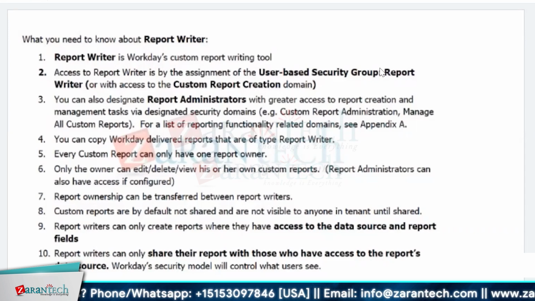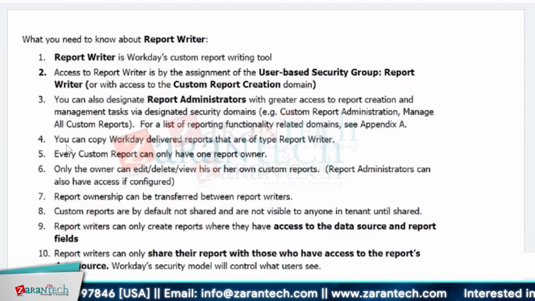So they need access to report writer. If it's a user-based security group, just make sure they have access to the report writer domain when they're creating custom reports. You can also designate report admin to their access, so that they can manage all custom reports and that kind of stuff.